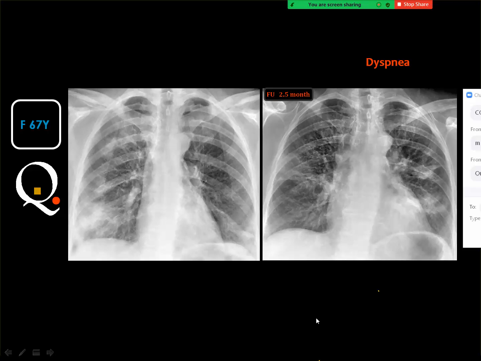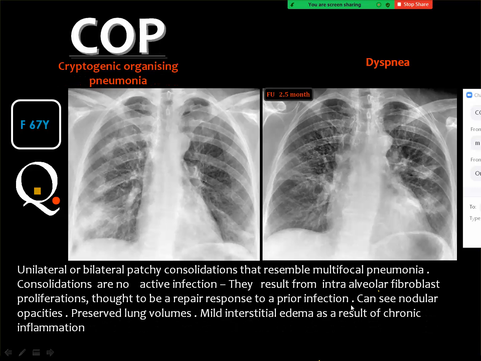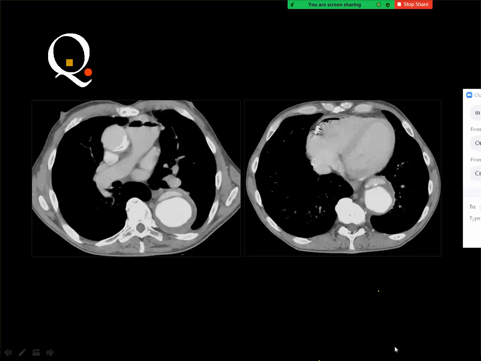This is a very good answer. If you look carefully at the first film, you will diagnose pneumonia. And between this film and this one, you may predict that the patient received a lot of antibiotics without improvement and even progression. Then you know that you are dealing with another type of pneumonia, which is cryptogenic organizing pneumonia. Very good answer, actually.